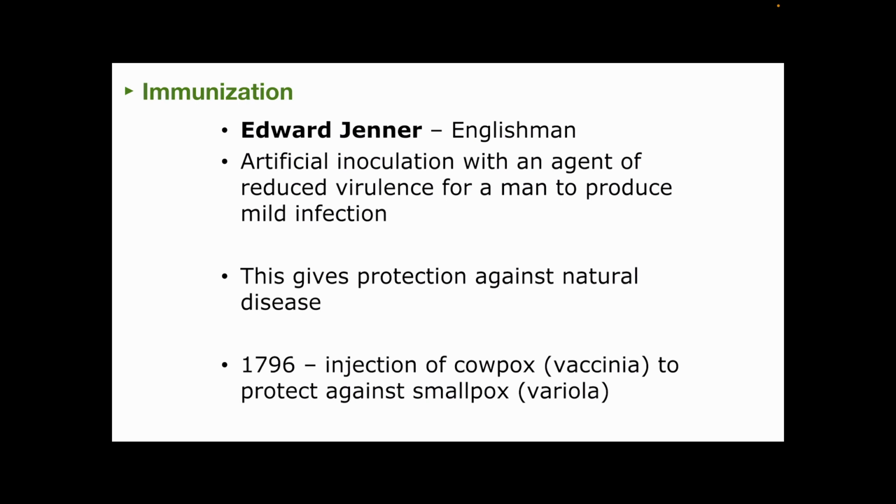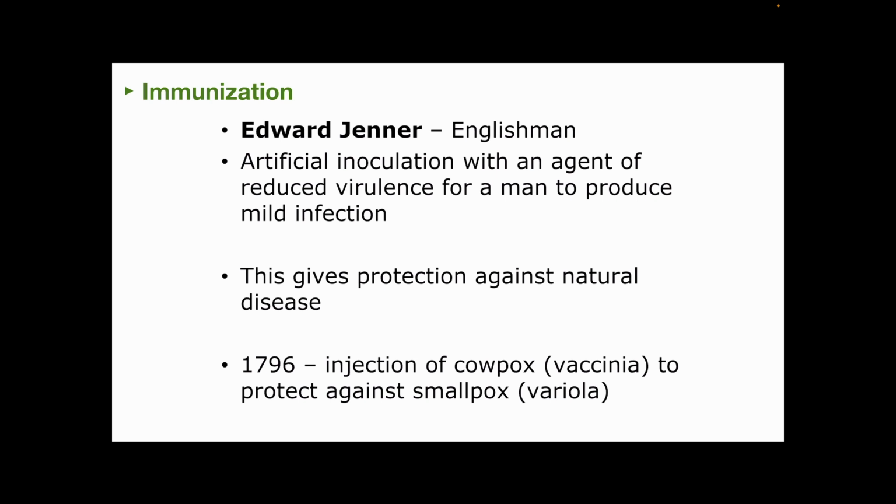We start off with Edward Jenner, who said the artificial inoculation with an agent of reduced virulence when introduced into a man will produce a mild form of the infection. And he also said that this will give protection against the natural disease.